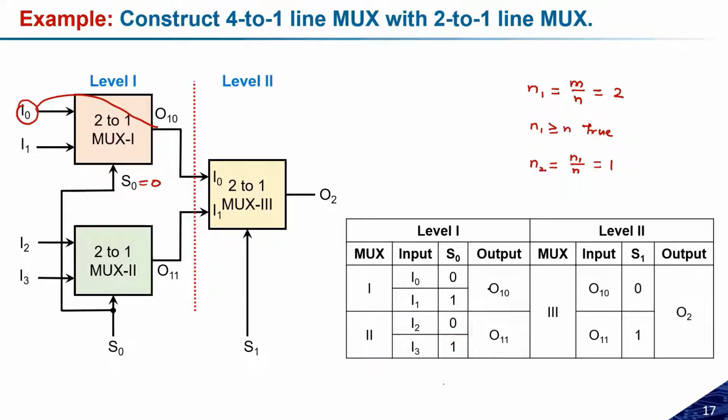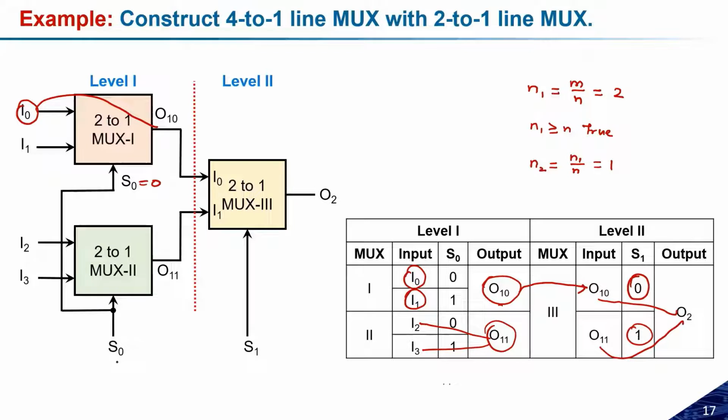Now we got these two outputs, and one output can be I0 or I1, and the other can be I2 or I3, but at a time we need only one. So the next mux will decide; these become the inputs for the next one, and if S1 is equal to 0, this will be transferred, and if S1 is equal to 1, this will be transferred. Now let us see the possibilities.